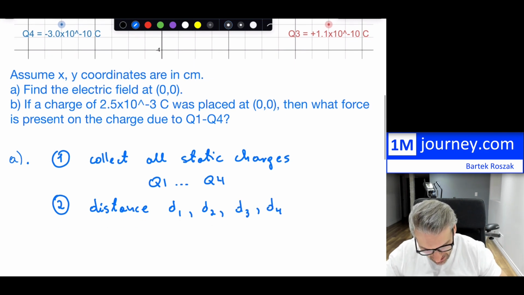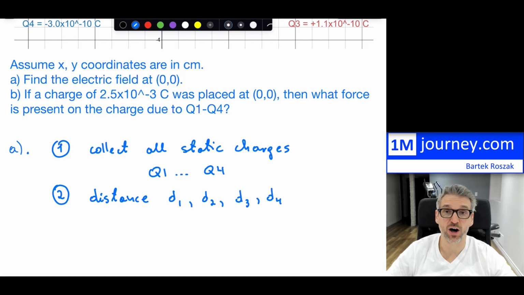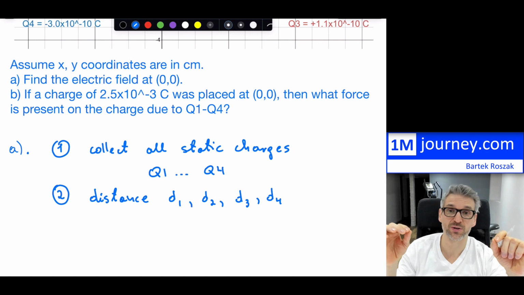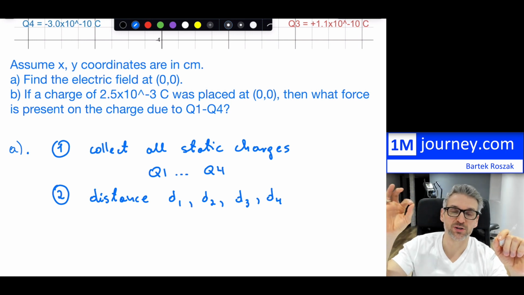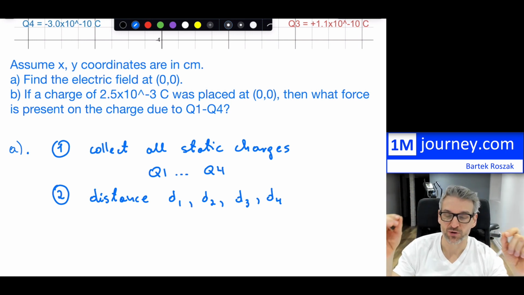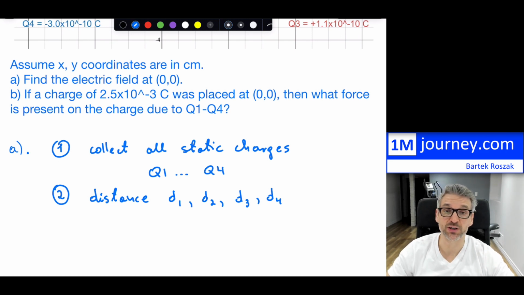Technically, you can certainly call it R, which is the distance, almost like a radius from the point where you're interested in finding the vector field, in this case the electric field, to whatever charge you have. You can use R, mainly because of the actual equation you use for the electric field. I'm just going to call them distances.